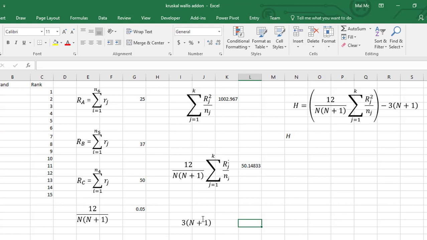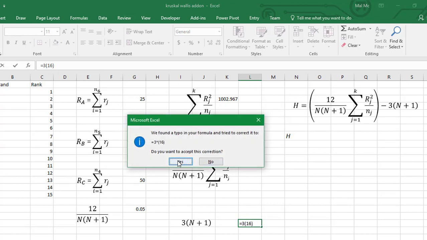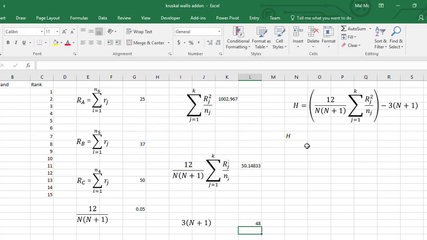And now for this bit of calculation right here, we just do 3 times n plus 1, where n is 15, plus 1, which is 16, and there we have 48.